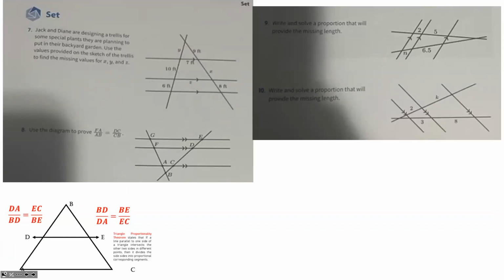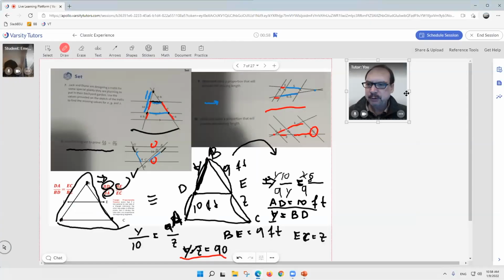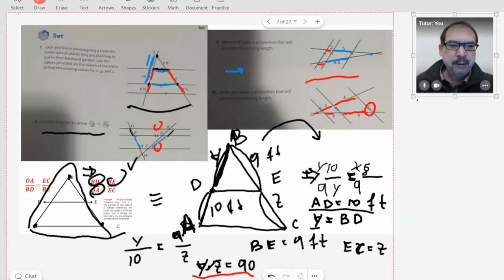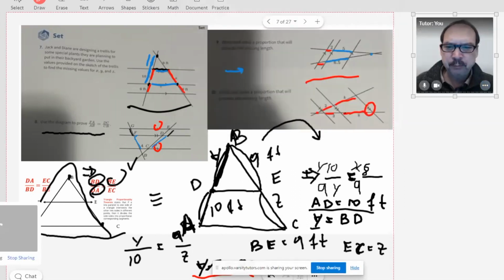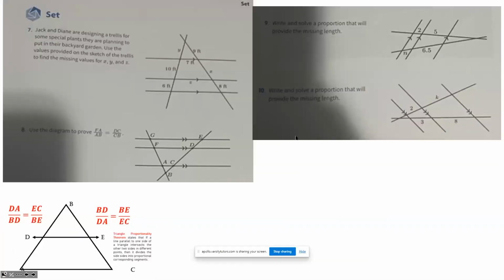Now I need to share my screen. I'll do that. All right, I'm sharing my screen. So I hope you can see it.